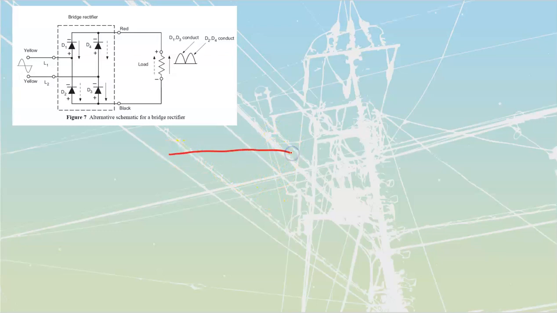H-bridge is going to have my components drawn in as a line to line, and then I'm going to connect my load across the center. See how on this one over here, they're connecting across the center? It's a more commonly drawn designation where I'm going to have my diodes going through.